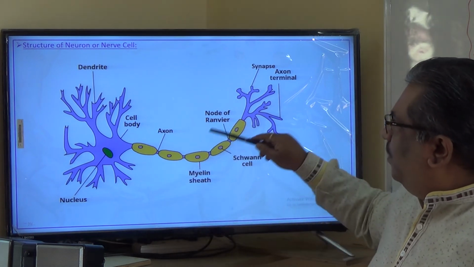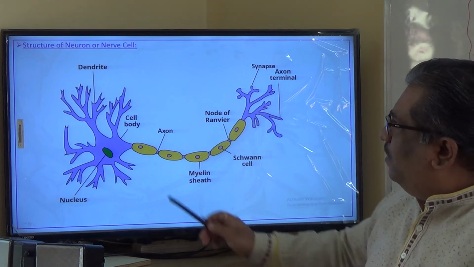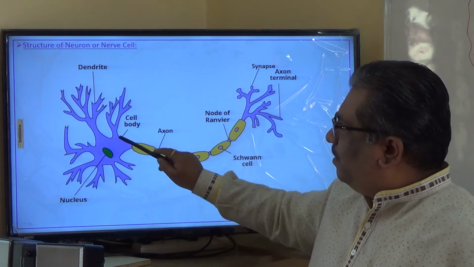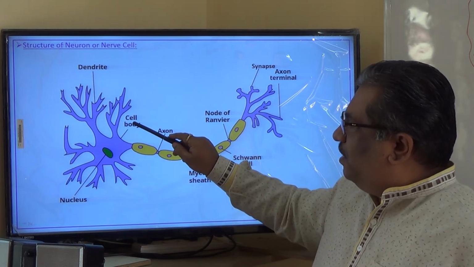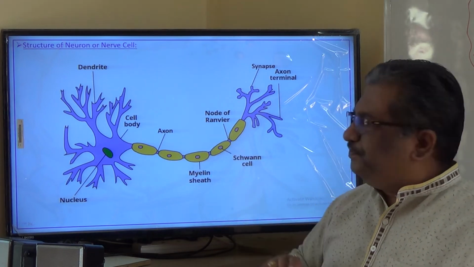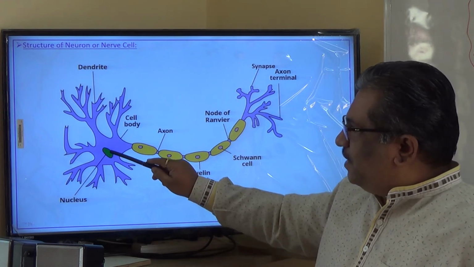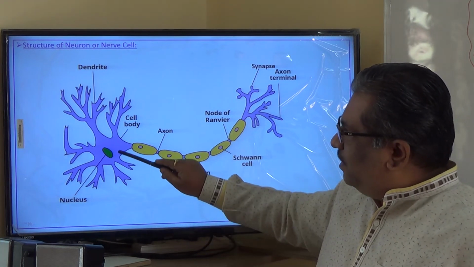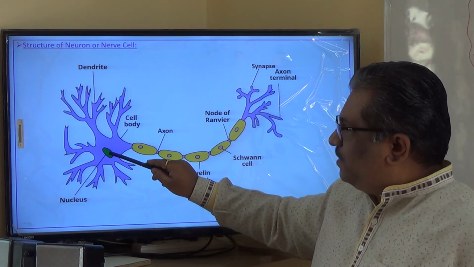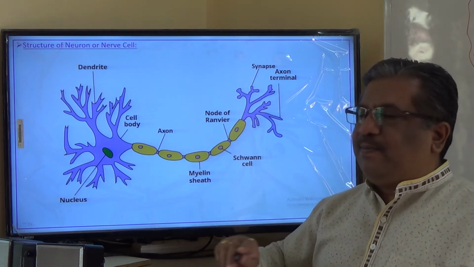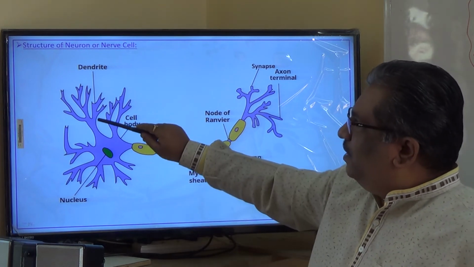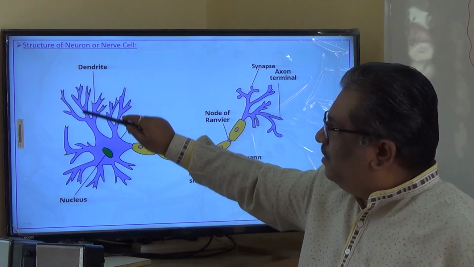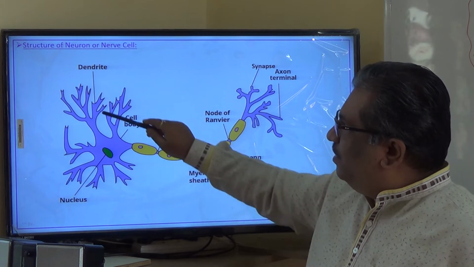Let us understand the parts of this nerve cell. This central portion is called the cell body, or cyton. There is a nucleus at the center, with cytoplasm surrounding the nucleus, and different cell organelles are present inside the cytoplasm. There are some projections over here.